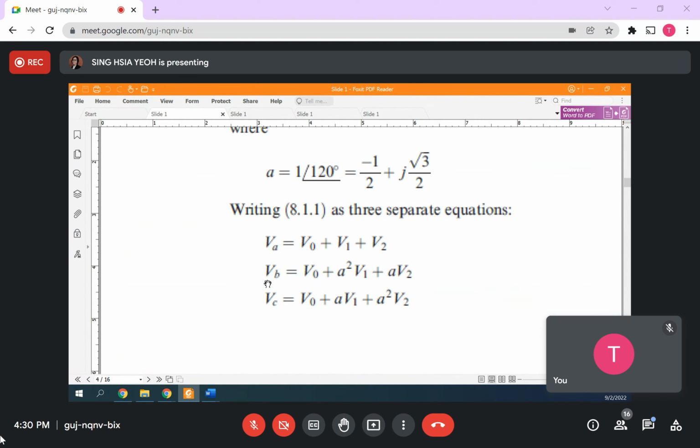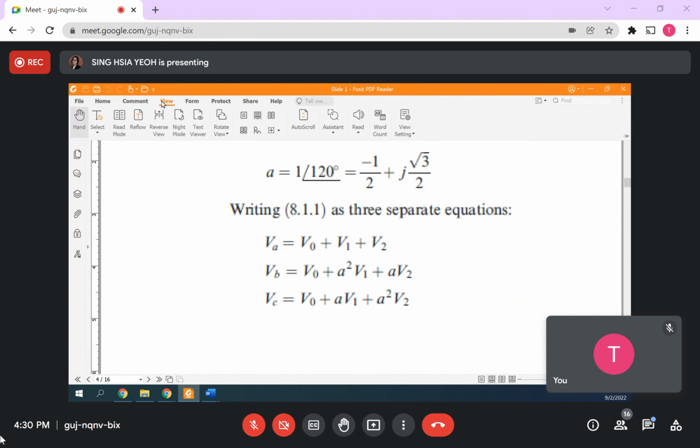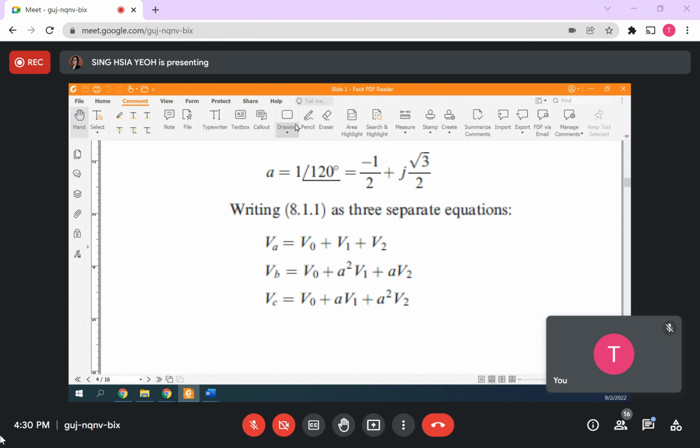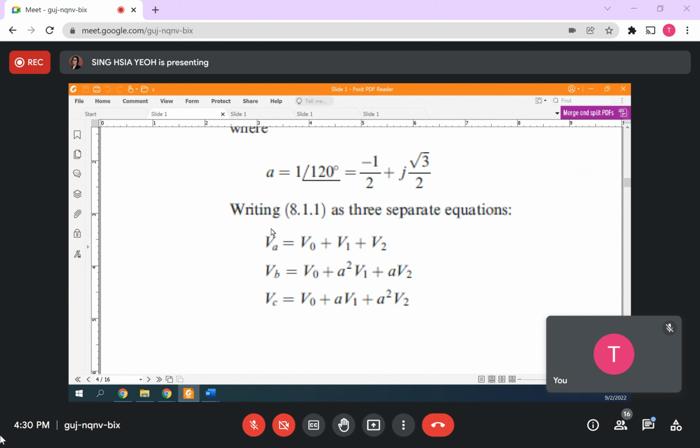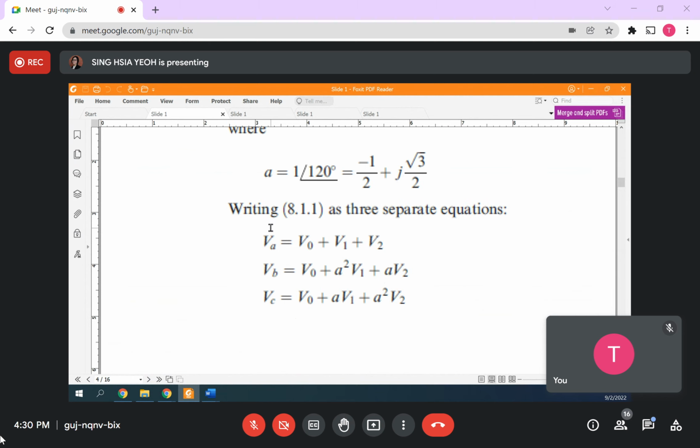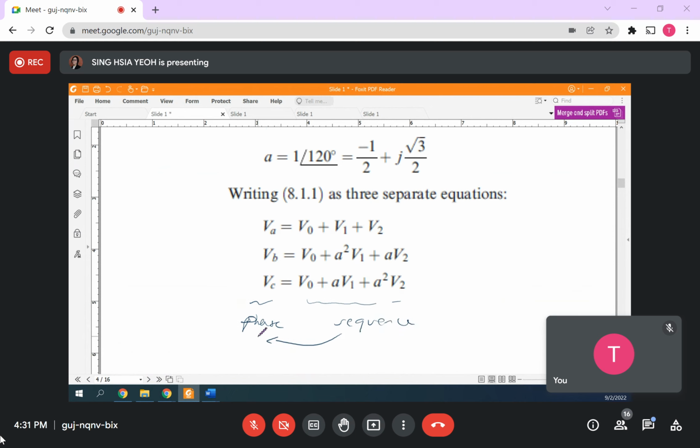So the important formula is this. What you need to know is how to convert sequence to phase. These are the three formulas.